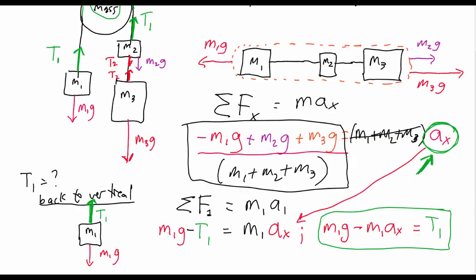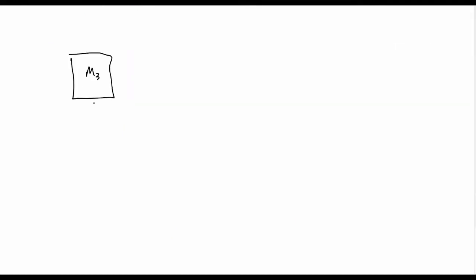So here is the way it looks. Here's M3 right here. M3, we've got our force right here that I expressed as M3G in red. So here's M3G. M3G is one of the forces.